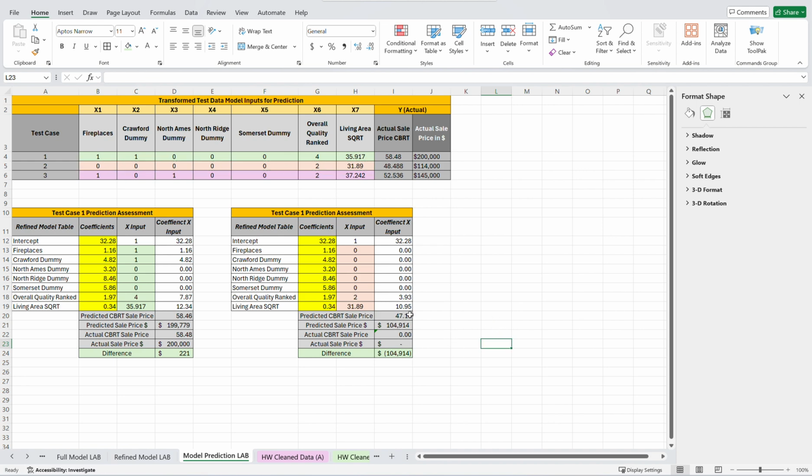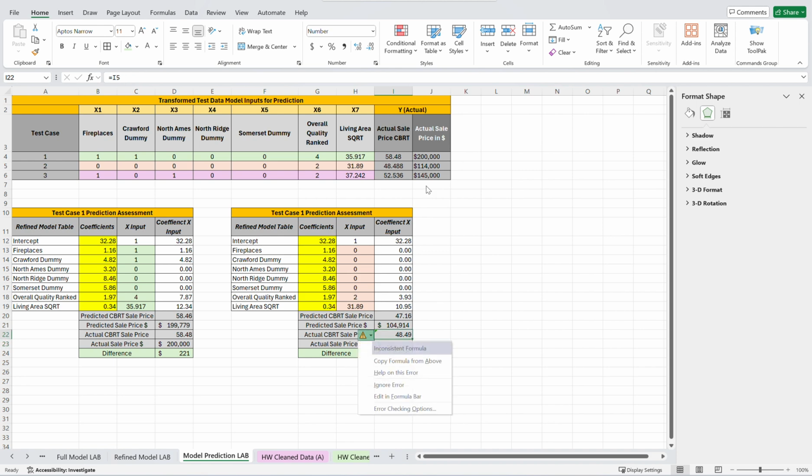Okay, so we're getting a predicted value of 104. The actual cube root of sale price equals right here. Again, it's just a bit of a rounding error. You can just leave it, it's going to be very, very close.